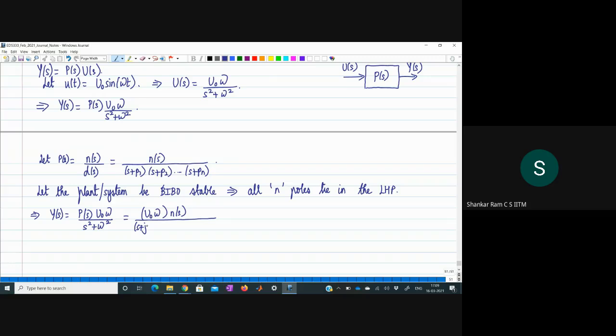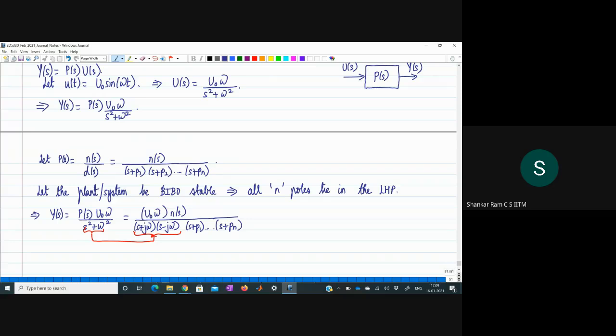We write S squared plus omega squared as S plus j omega times S minus j omega. So we are factorizing it. And anyway, we are going to have S plus p1 through S plus pn as the denominator of the transfer function.